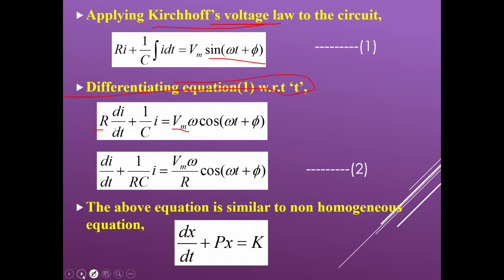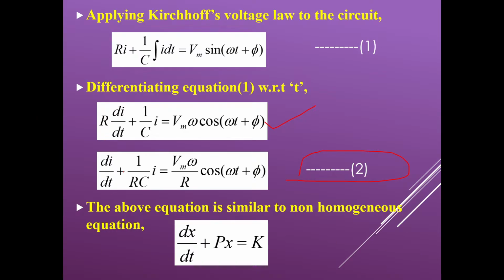Then I want di by dt without any coefficient, so I have divided by R on both sides. You will get di by dt plus 1 by RC i is equal to Vm omega by R cos(omega t plus phi). Consider it as equation number 2.